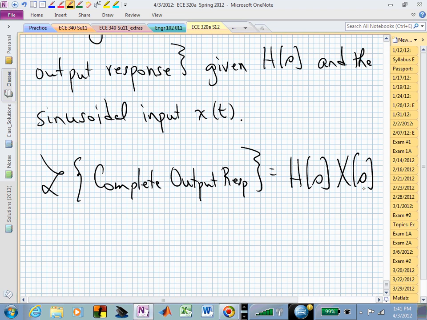If we wanted the Laplace transform of the complete output response, that would just be H times X, where those are capital.